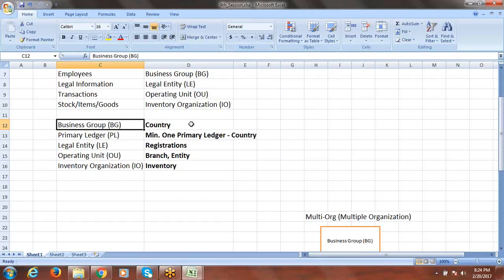So they will decide how many legislative data groups they have to maintain when they maintain the employee information in PeopleSoft. From the Oracle point of view, we need not come up with the solution, since we are not implementing HRMS, the human resource solution, within the Oracle application. That is the reason you need not give any solution here.